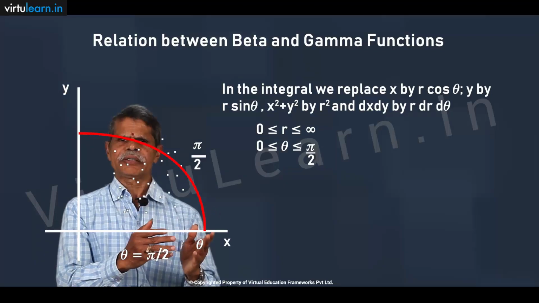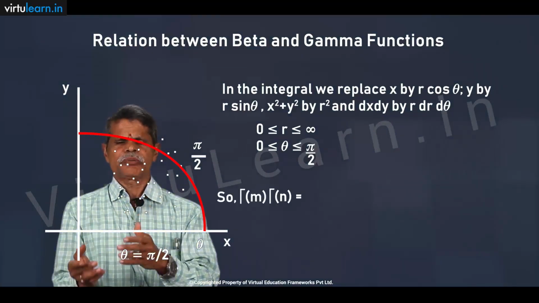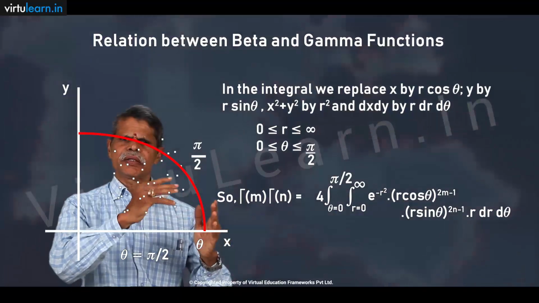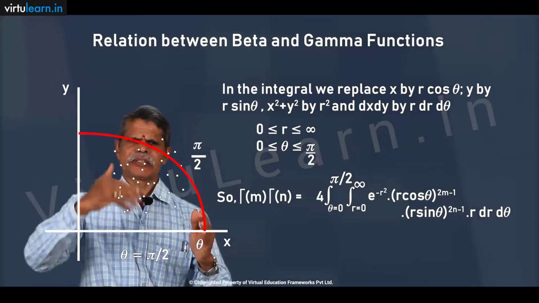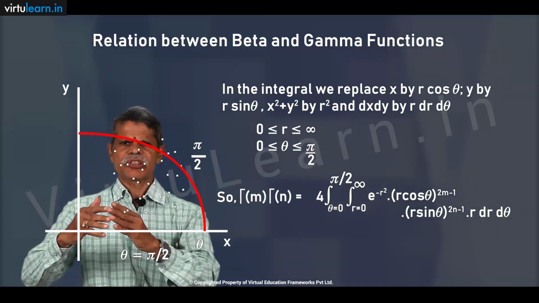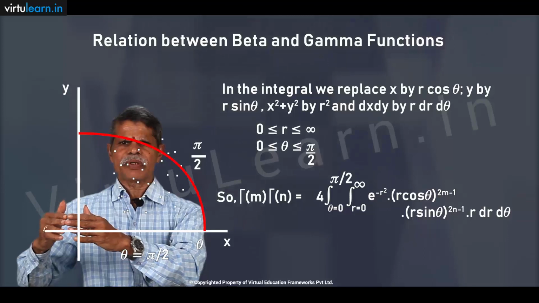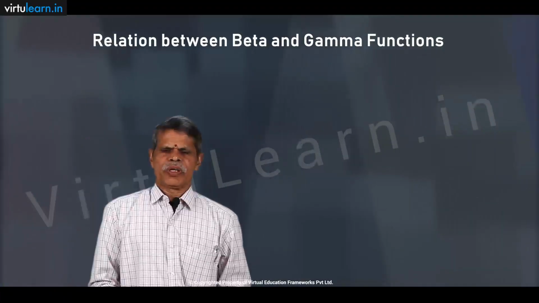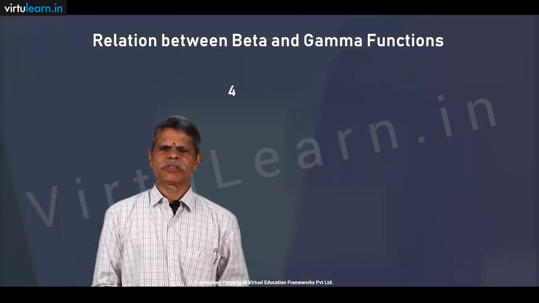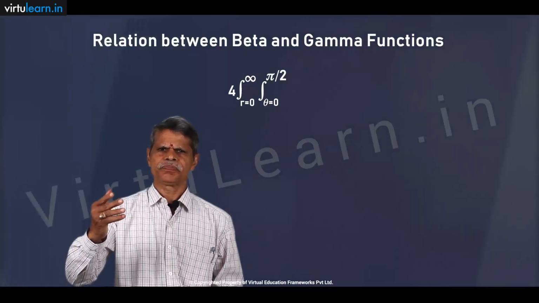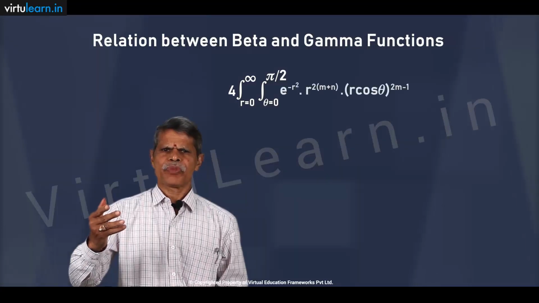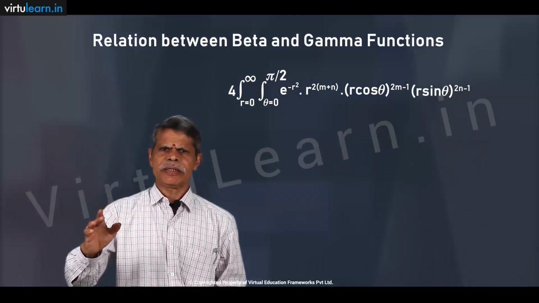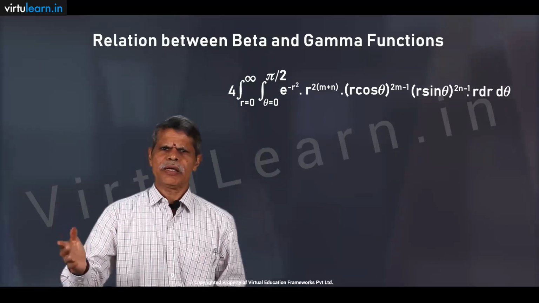After substituting for dx dy is equal to r dr d theta, we get 4 times integral theta is equal to 0 to pi by 2, integral r is equal to 0 to infinity, e power minus r square, r cos theta to the power of 2m minus 1 into r sin theta to the power of 2n minus 1, r dr d theta.